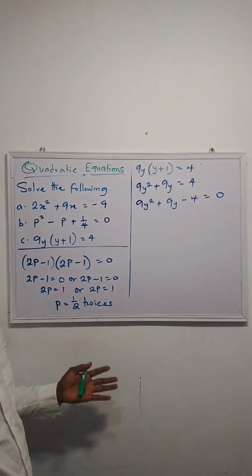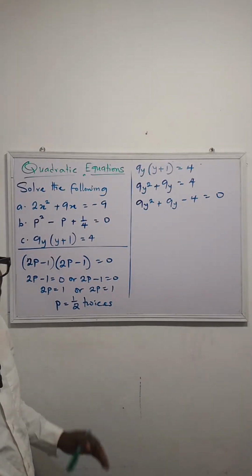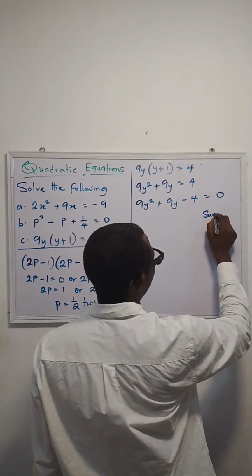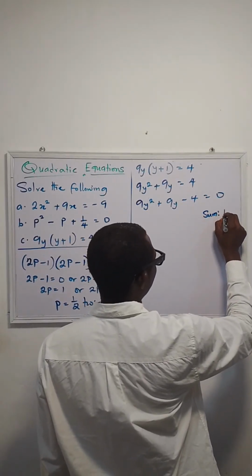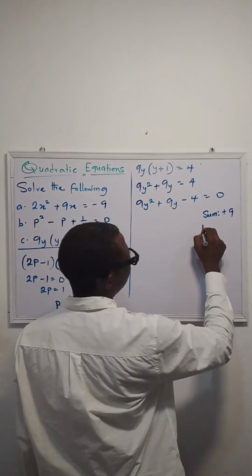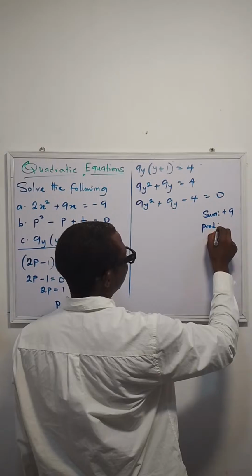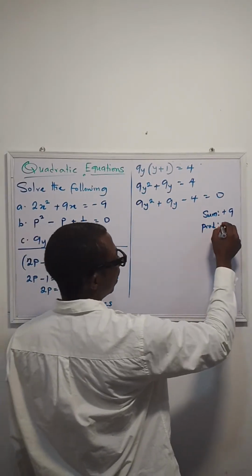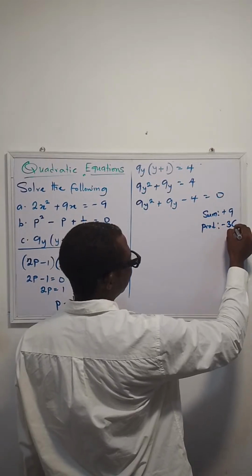The next thing is to identify the sum and product. The sum is the coefficient of y, and that's plus 9. While the product is the product of 9 and negative 4, and that is negative 36.